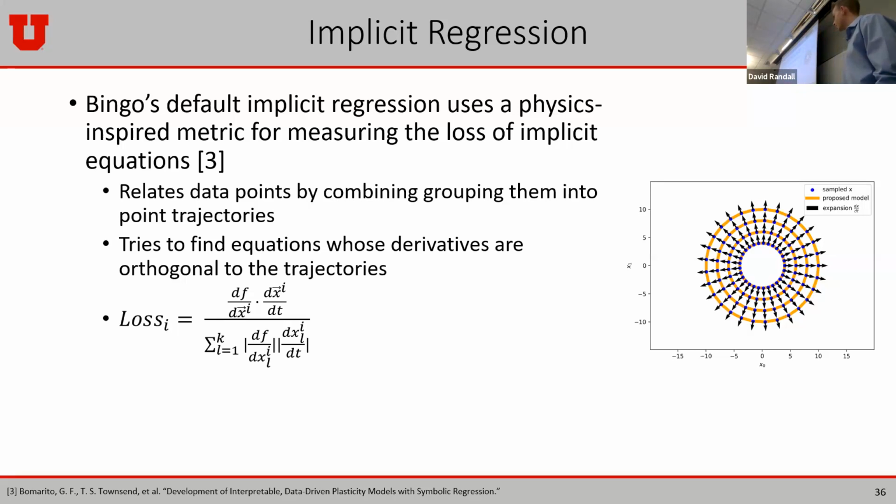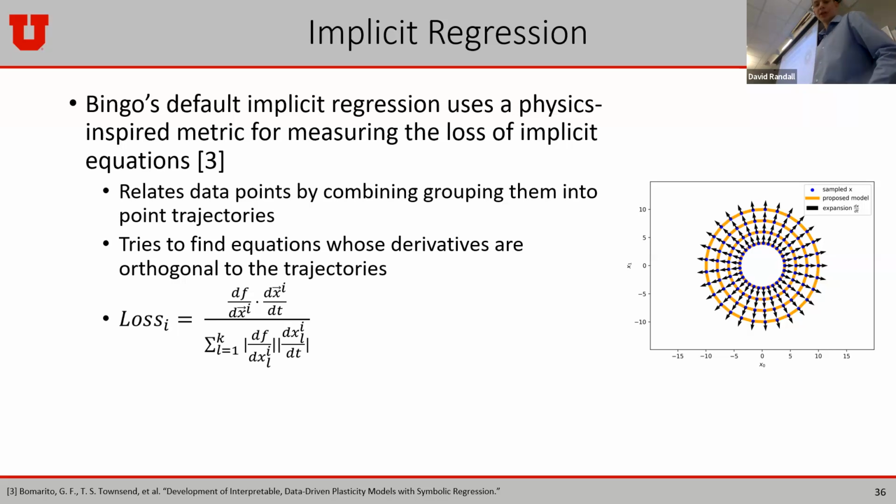And then the goal is to find an equation whose derivatives are orthogonal to those point trajectories. So that's what the numerator of this loss shows. And then the denominator is a way to regulate against the trivial solutions I talked about earlier. So for example, again, x squared plus y squared is equal to 9. We don't want to find 9 equals 9. That's what that denominator does there.